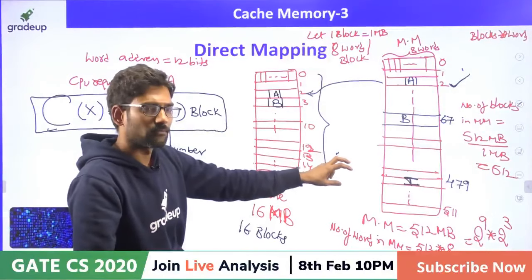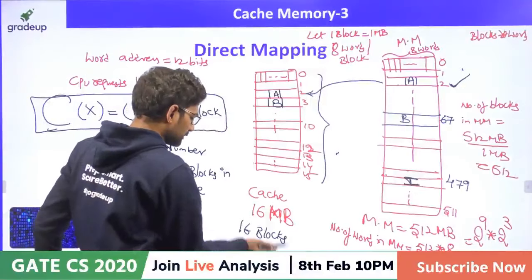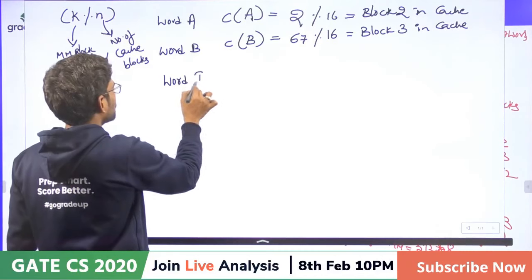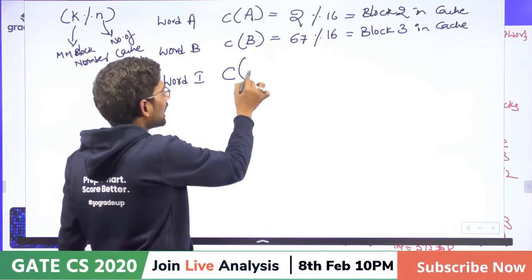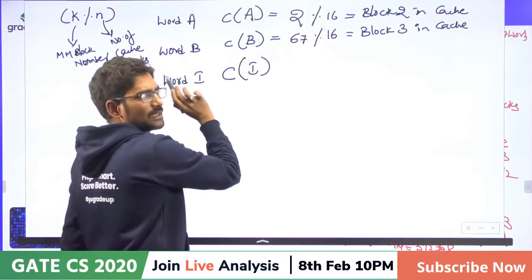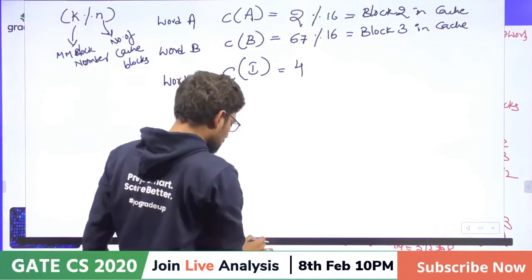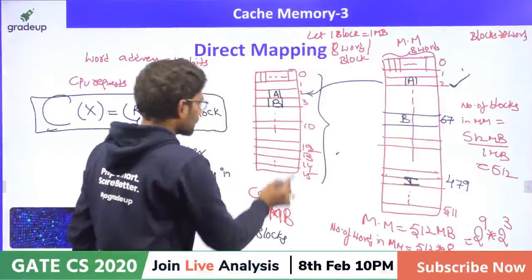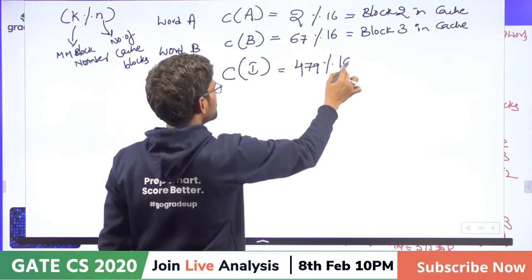So what will be the location of I in cache memory? The main memory block number is 479, so 479 modulus 16.